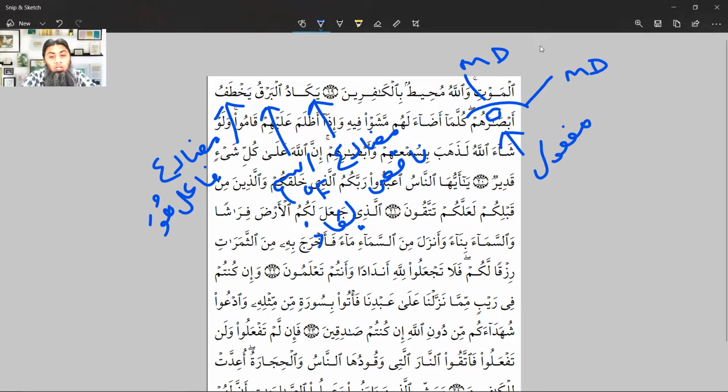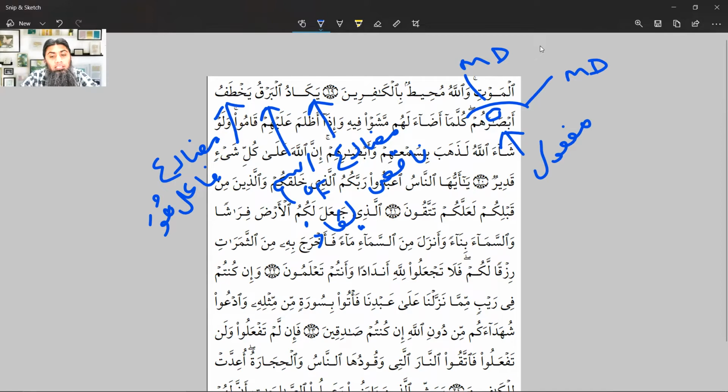So what is the role of this sentence? Al-barku yakhtafu absarahum. Yakhtafu absarahum is a complete sentence, right? And what is the role of this sentence? Yes, brother Tafazzul, you want to answer? It will be the khabar. Excellent.